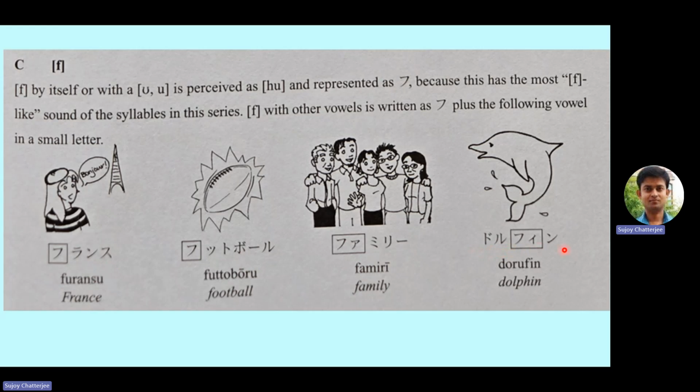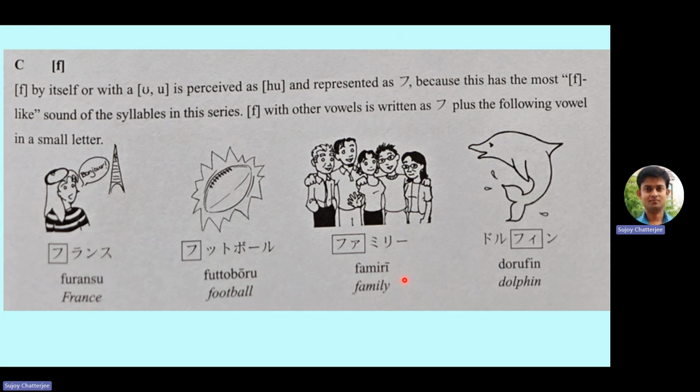Earlier, in traditional Japanese, it used to be hu, but when we write it in katakana, nowadays we pronounce it as fu only. So we do not say huransu or huttoboru or hamiri. It's famiri only. It has been relaxed in modern Japanese.